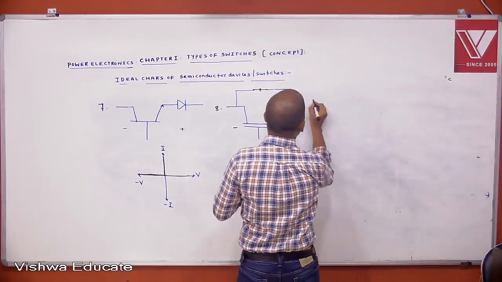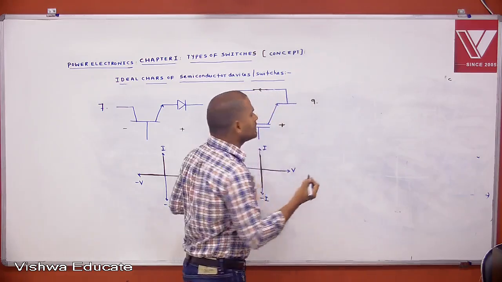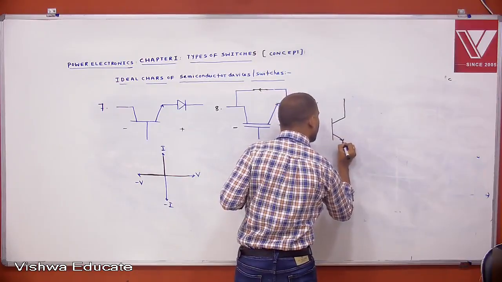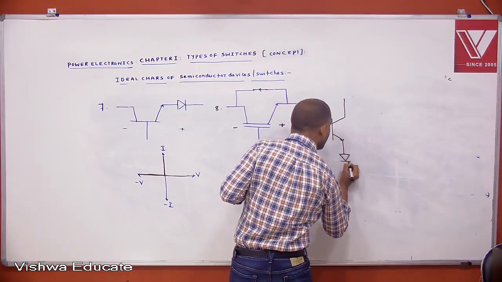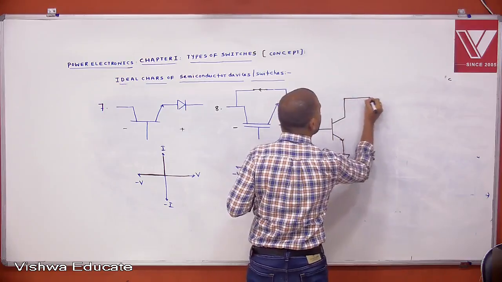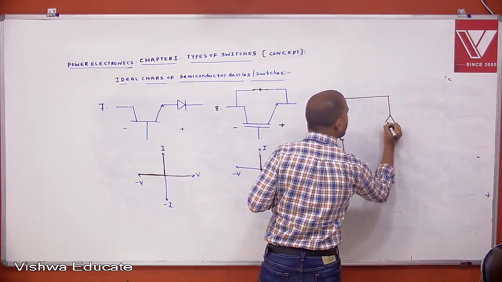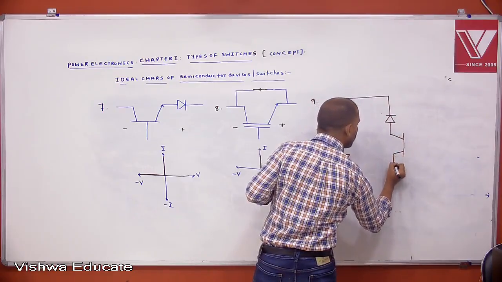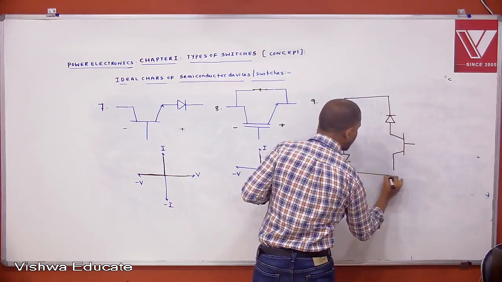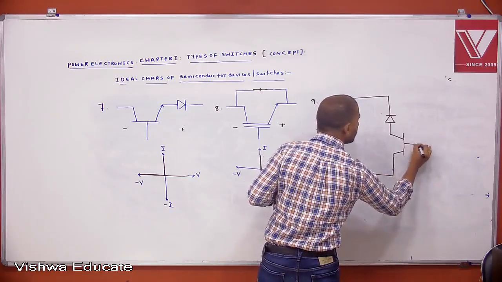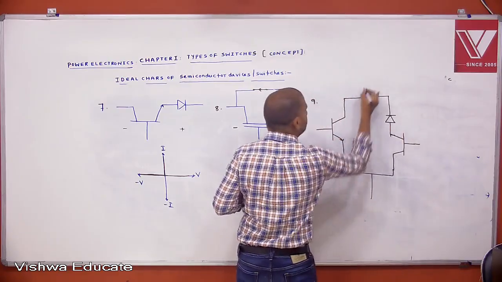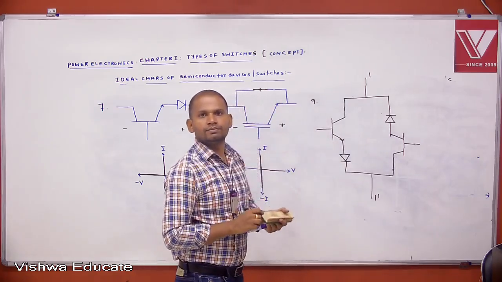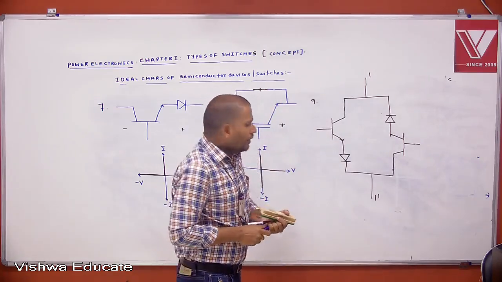For example, if this device is given, try to draw the characteristics for this one. Let this be 1, this be 1 dash.